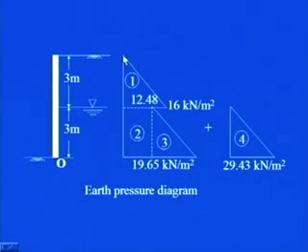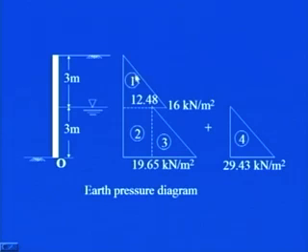So you see that from 0 to z is equal to 3, your pressure was 16 kilonewton per meter square due to the soil which is present in this top layer, and then just below this layer the pressure was 12.48.